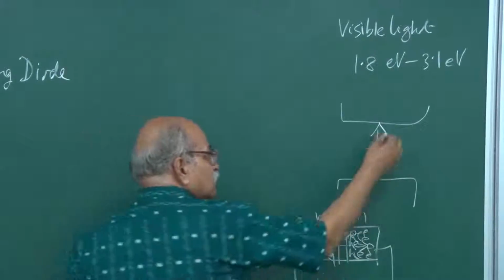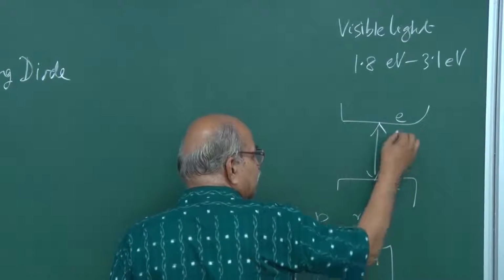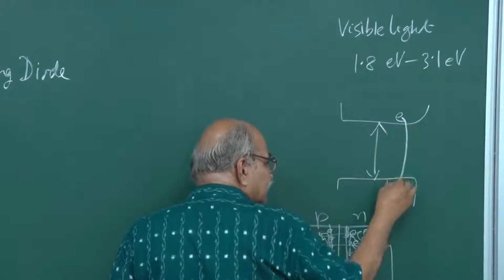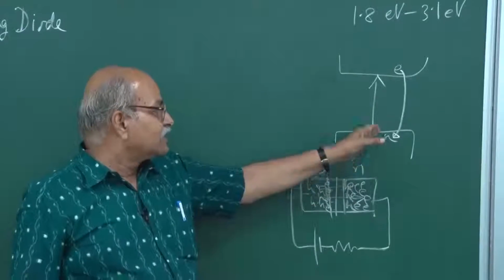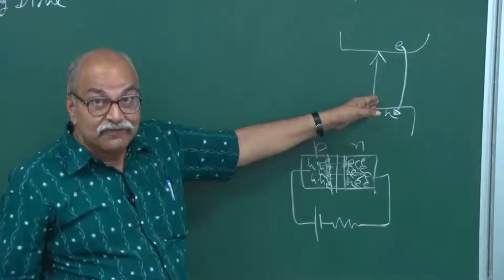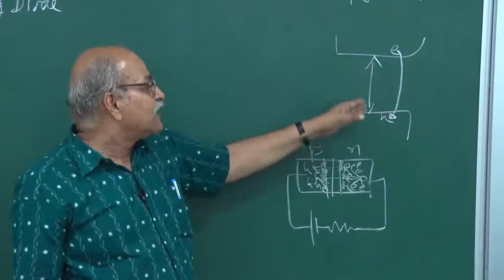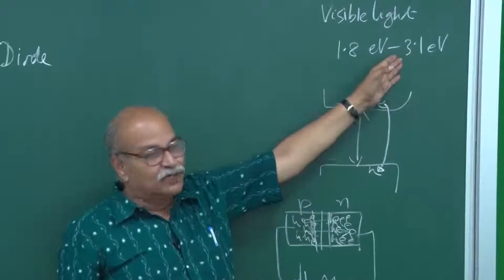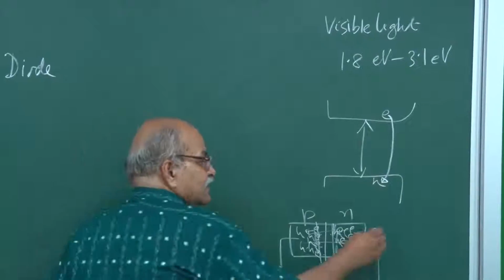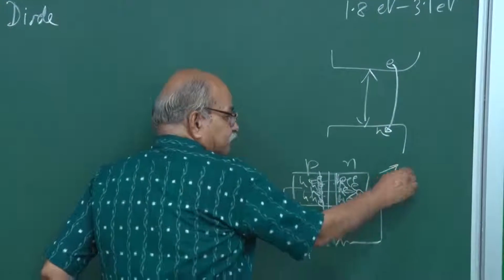So, if an electron and hole recombine, if the electron falls from the conduction band to this valence band, and if this extra energy is released in the form of a photon, and if this band gap happens to be somewhere in this range, what you will find is light is emitted from here.